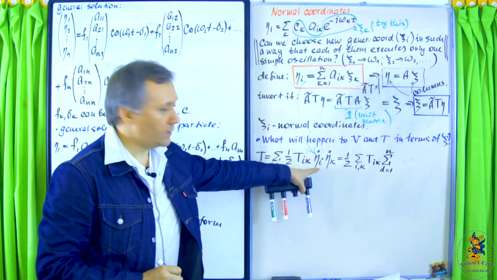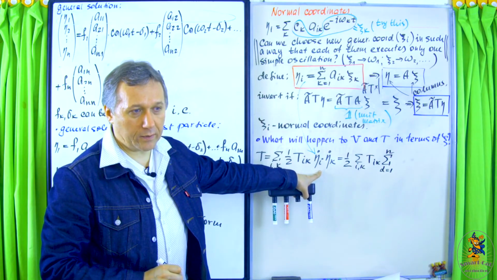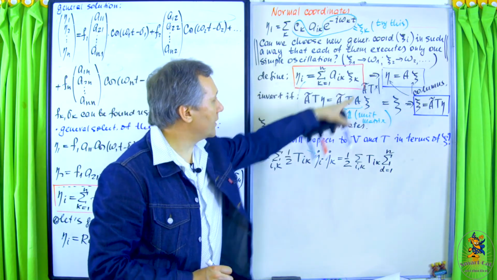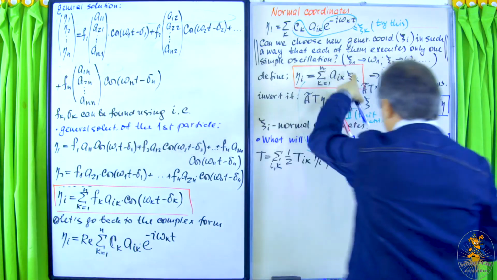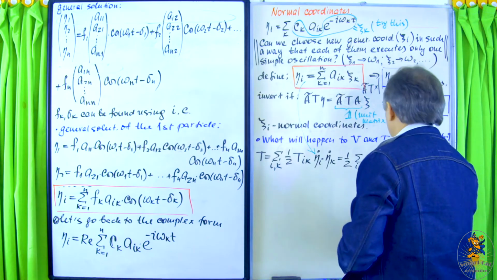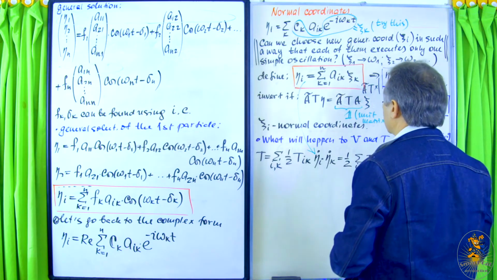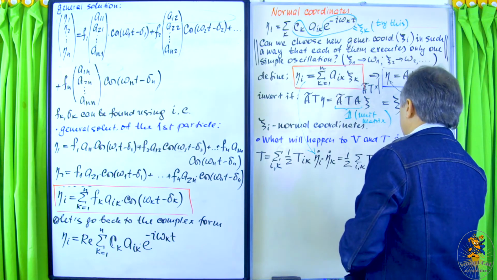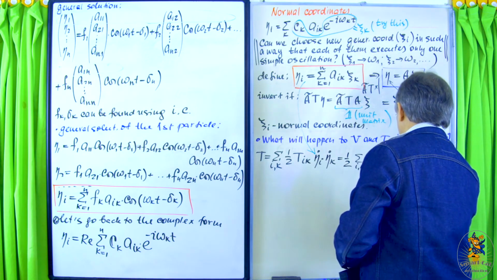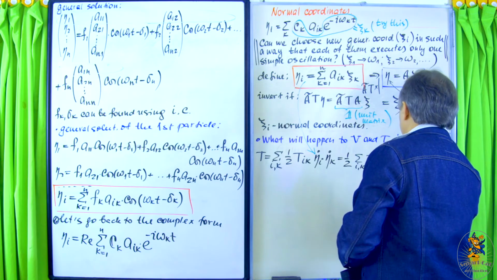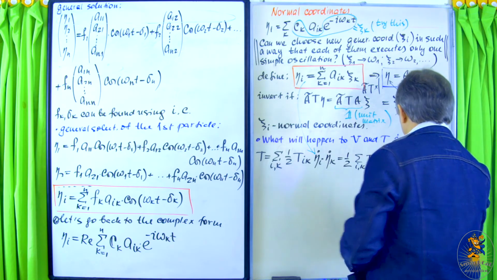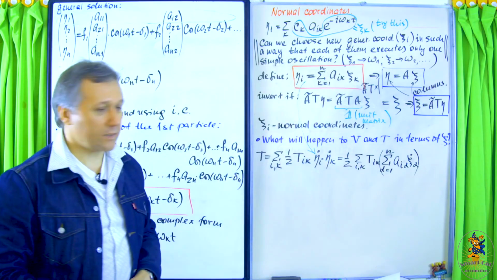First I will rewrite eta i dot. It will be just this, but with a dot above. So it will be summation over alpha of a_i alpha psi alpha dot. That's eta i dot.